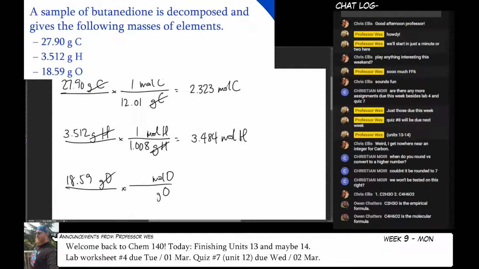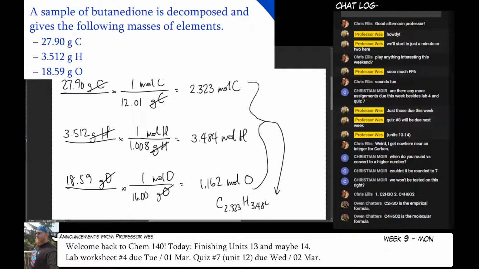And then same thing for oxygen, we'll turn it into moles. 16 grams per mole oxygen, so that means that this many grams is equal to 1.162 moles of O. So the pseudo formula that I'm going to get would be C 2.323, H 3.484, O 1.162.